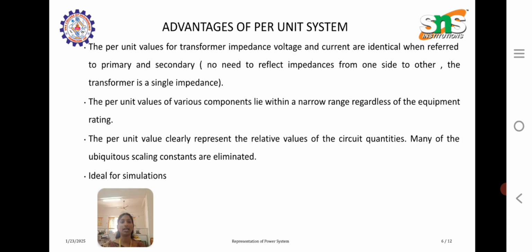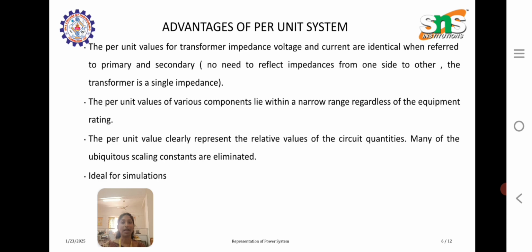The advantages and uniqueness of the per unit system are that the per unit values of transformer impedance, voltage and current are identical when referred to primary and secondary. So there is no need to reflect impedances from one side to the other; the transformer is a single impedance.